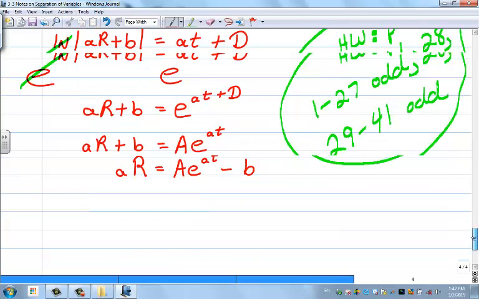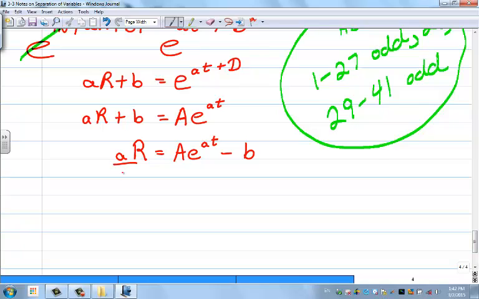And then we need to divide everything by a, so when we divide everything by a, these cancel, and we get r equals, now when we divide the arbitrary constant capital A by a, we're just going to get another constant. So call it, I'm running out of constants, let's call it f times e to the at minus b over a. And that's our final answer for $1 million.